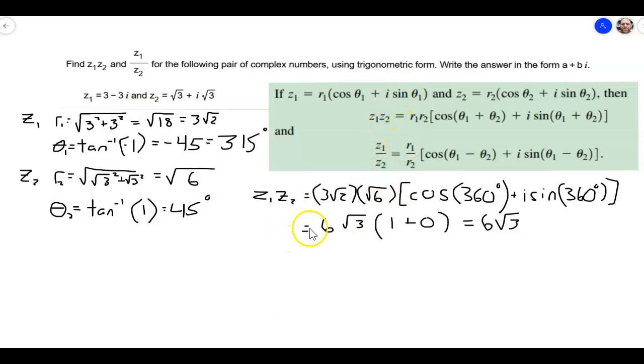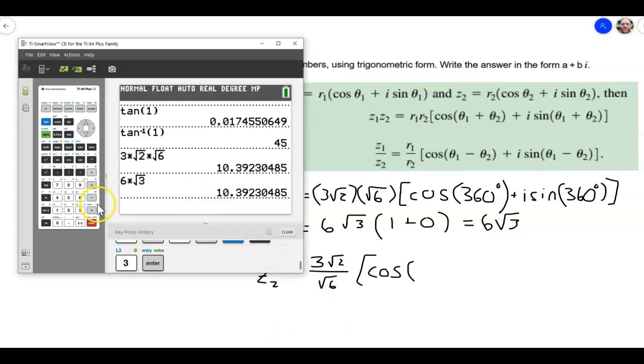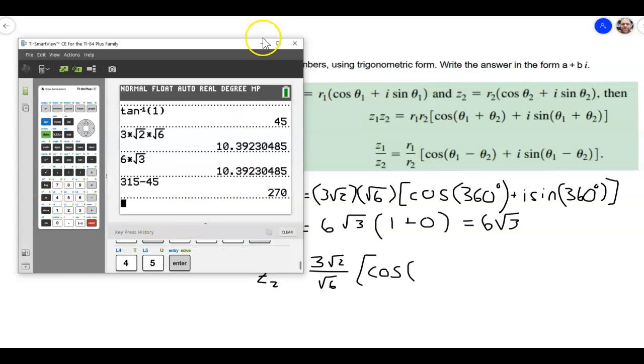And then the other part here, Z1 over Z2. So that one is going to be R1, which is 3 times the square root of 2, over the square root of 6, times, and then we have this mess here, but it's a little bit different. So it's the cosine of this angle minus that angle. So 315 minus 45, and that's 270.